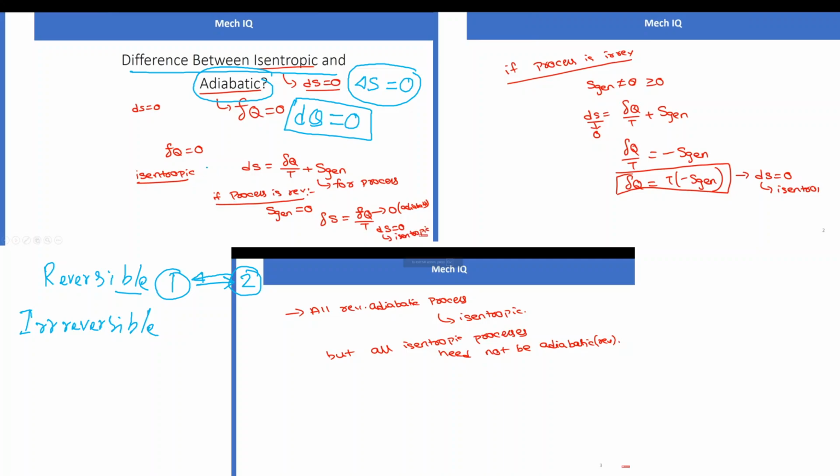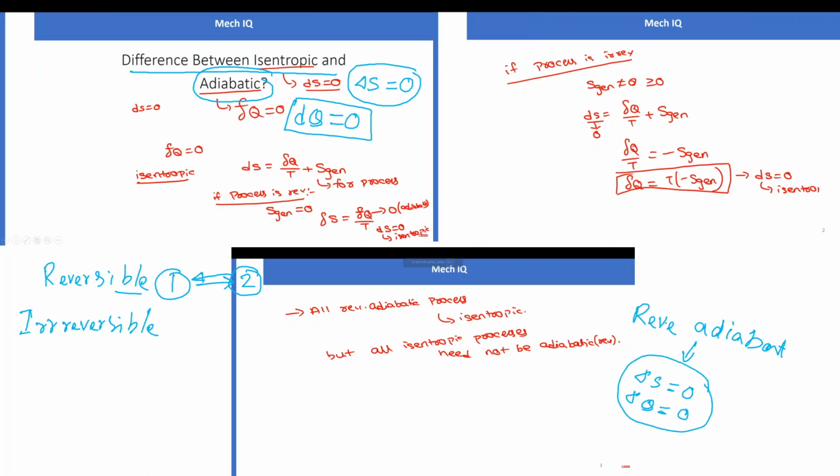Anyhow, sometimes the isentropic and adiabatic conditions are the same. For a reversible adiabatic process, we can write delta s equals 0, and also delta q equals 0, or dq equals 0.